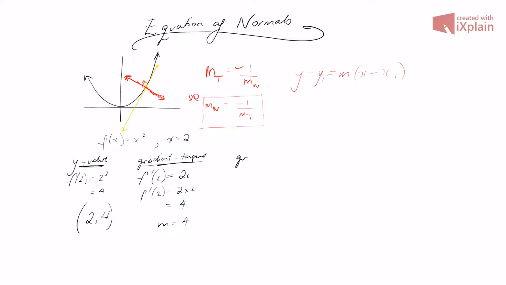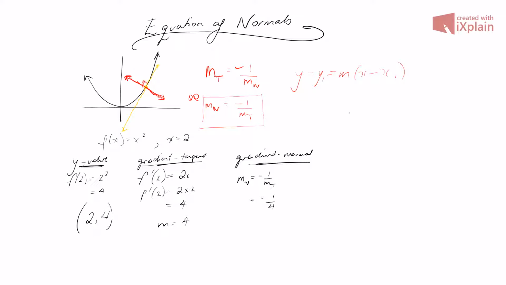Now we have to find the gradient for the normal. So the gradient for the normal is -1/4.